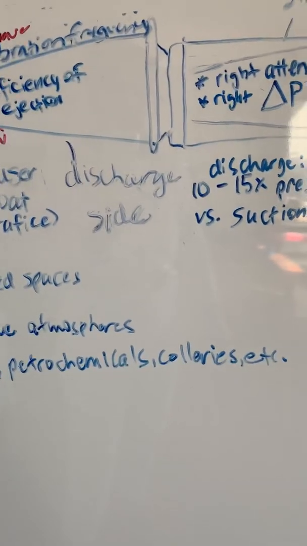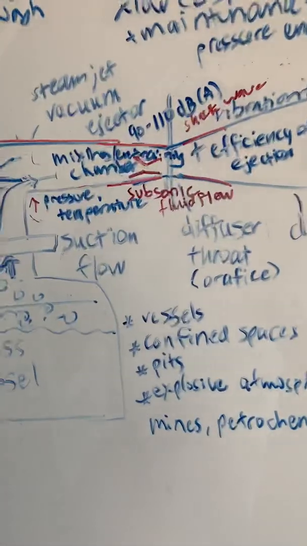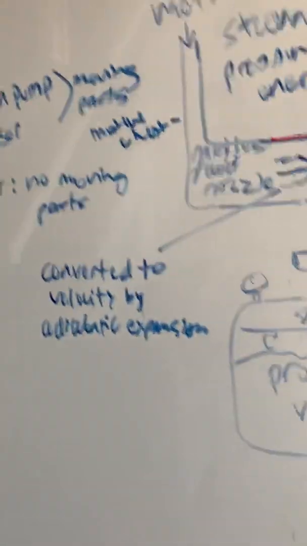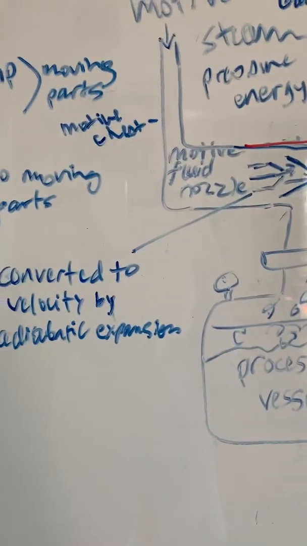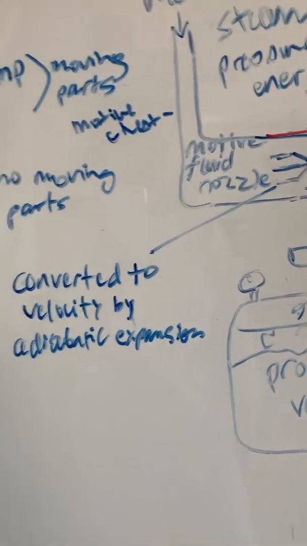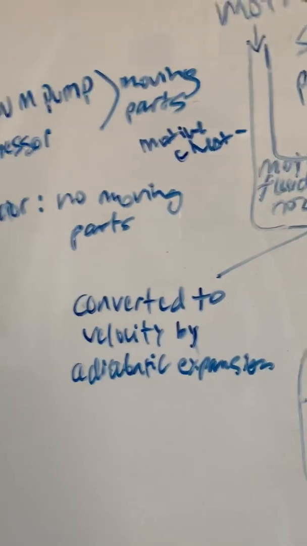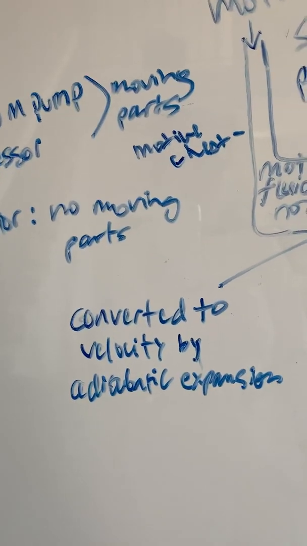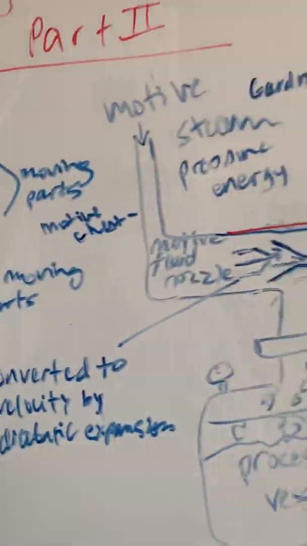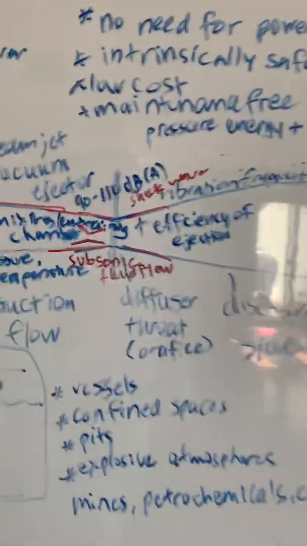I don't know if that's how it's pronounced, but you can find it in those kinds of situations. Also, the conversion to velocity is by adiabatic expansion. So I thought it was adiabatic. No, it's adiabatic expansion. Thank you, YouTube.